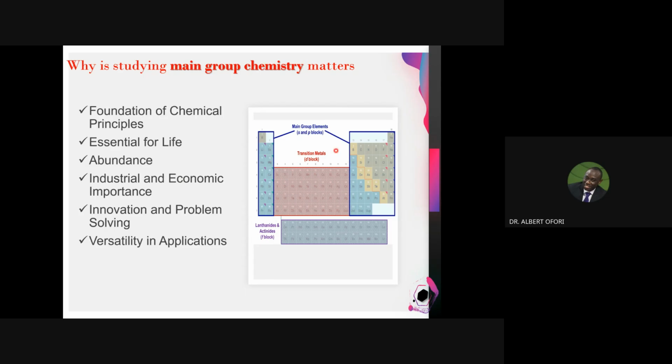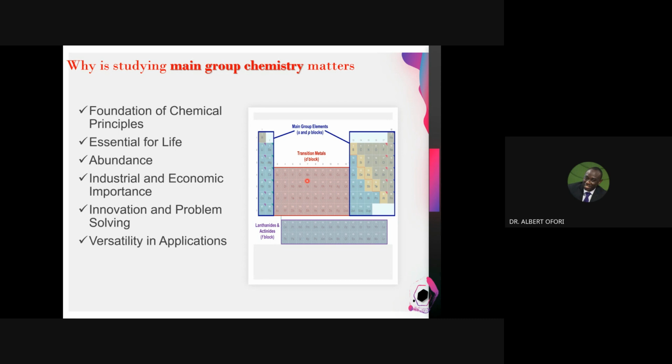Now when we go to the p block, the p can be oriented into 3, x, y, z, and each of them takes 2. So it means that in the p block we should have 6 different kinds of arrangement, from p1 to p6. So we have 6 elements that fall on the p block. Then when we come to the d block, the d can be oriented 5 times.